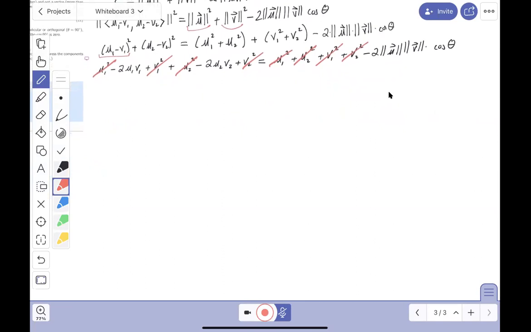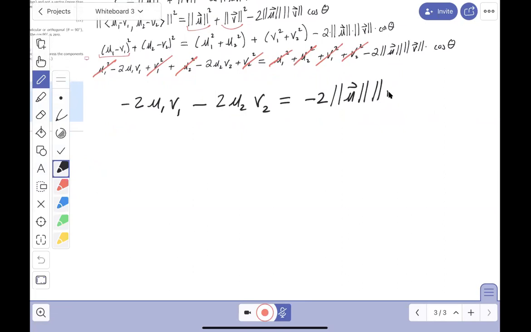Right, I'm going to write this down for you. So you get minus 2 u1 v1 minus 2 u2 v2 is equal to minus 2 length of u, length of v, cosine of theta.